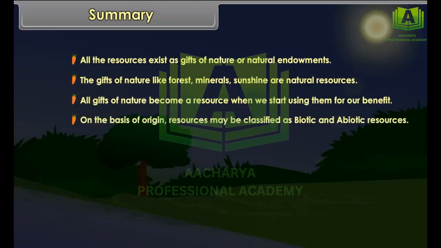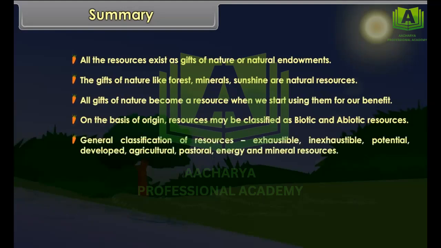On the basis of origin, resources may be classified as biotic and abiotic resources. General classification of resources: exhaustible, inexhaustible, potential, developed, agricultural, pastoral, energy, and mineral resources.